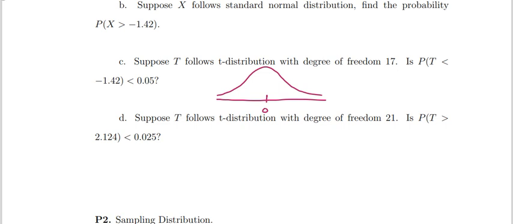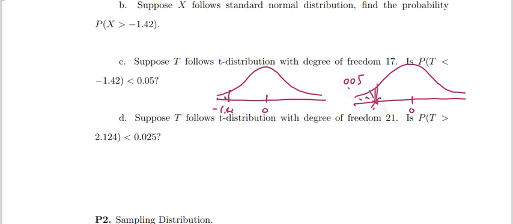So here we have negative 1.4. We just check this. What is this probability? We don't know. So how about this one? We just check this cutoff point, or critical value. This is 0.005. So what is this number?